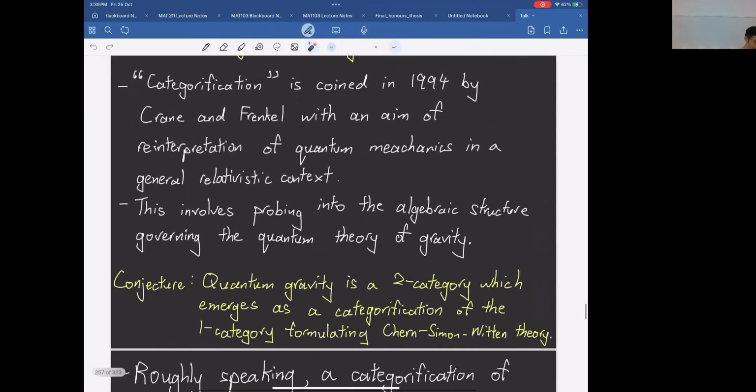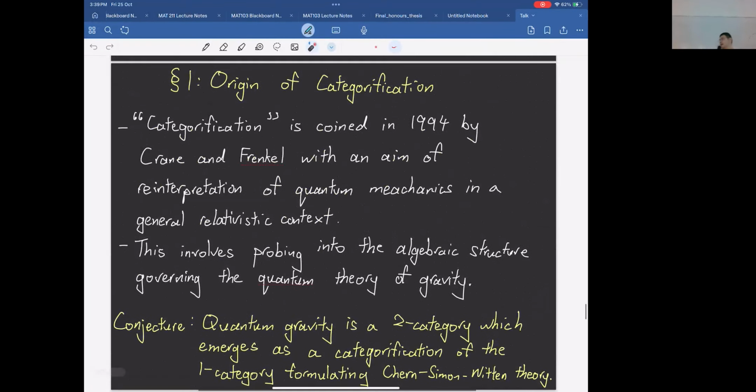The conjecture at that time, I'm not sure what has happened to this conjecture now, was that quantum gravity is a 2-category which emerges as a categorification of the 1-category that formulates the Chern-Simons-Witten theory. It's okay that you don't know all these words, but I just want to give you an idea that there's a physics idea that we want to try and define properly in the context of category theory.